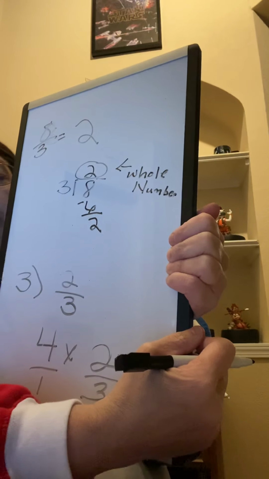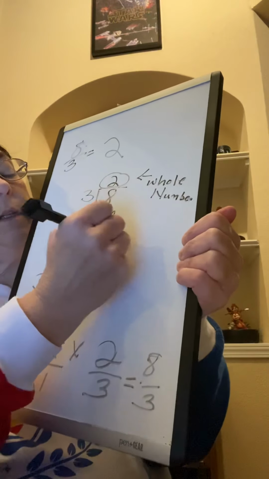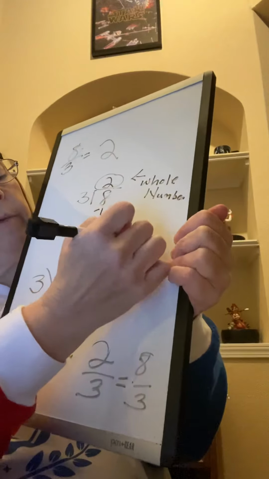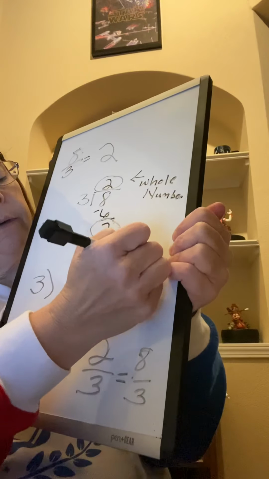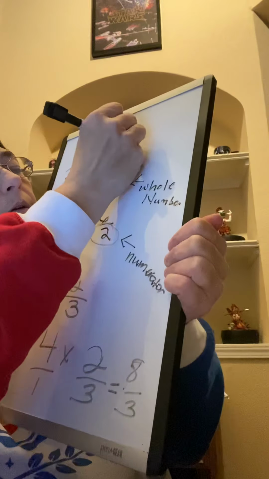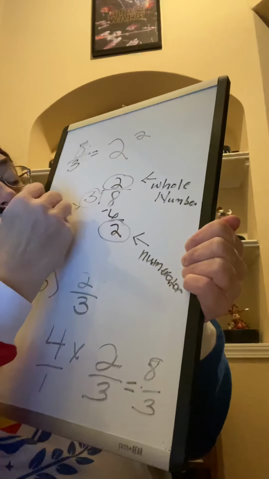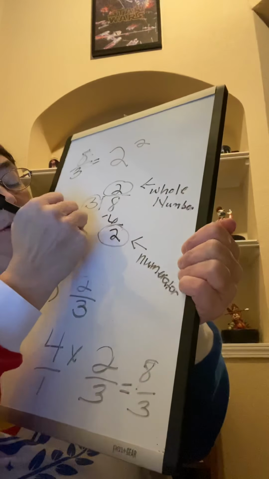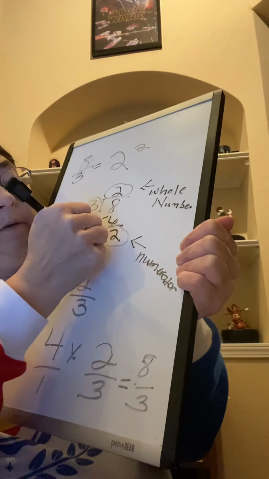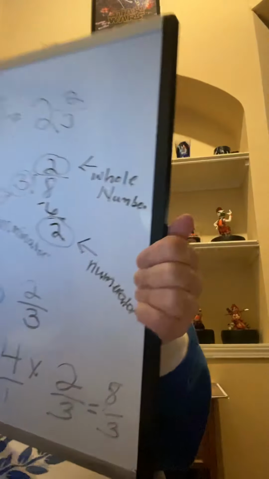We're on number 2. Or I'm sorry, number 3. This becomes my numerator. And this, what we divided by, stays my denominator. Over 3.